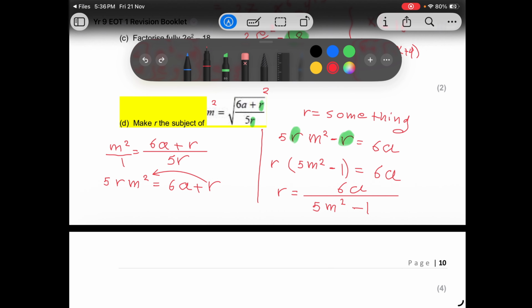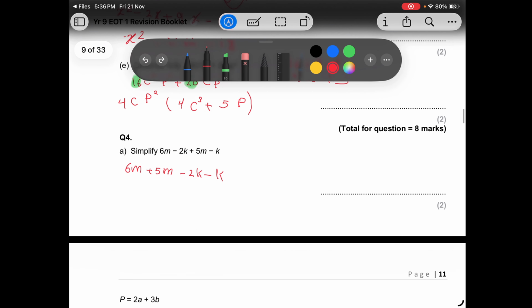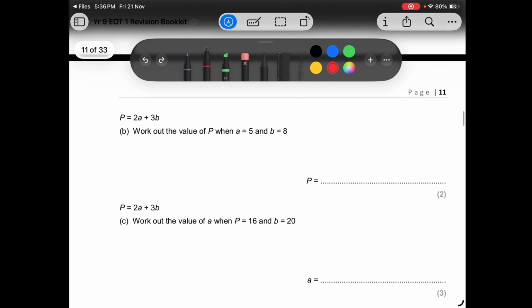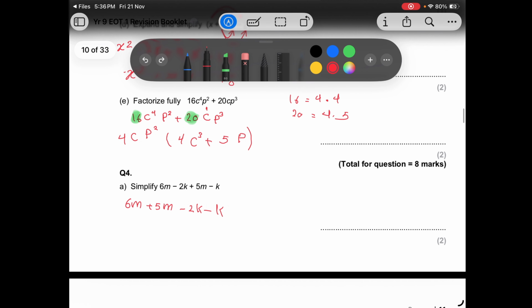I move it from right side to left side, we do change the sign. But here I am rearranging things on the same side, so it's incorrect to change the signs. Now 6m with 5m are like terms, it will be 11m. And minus 2k minus k will be minus 3k, obviously.